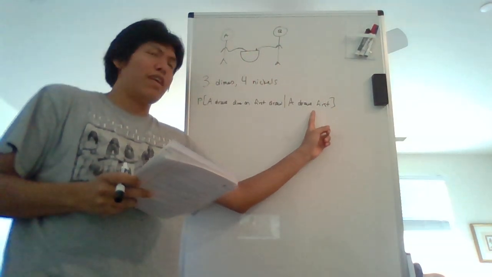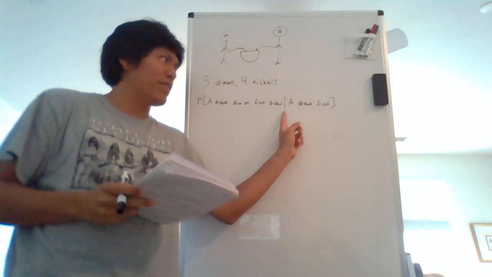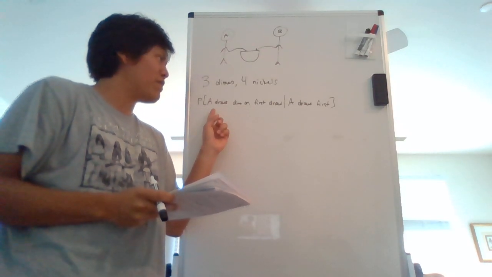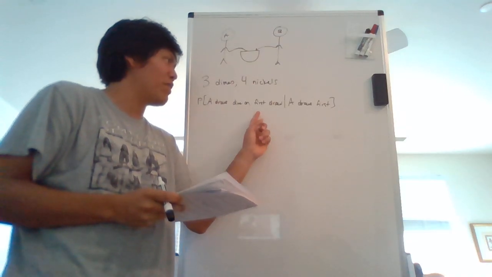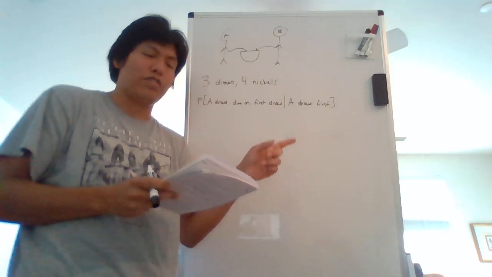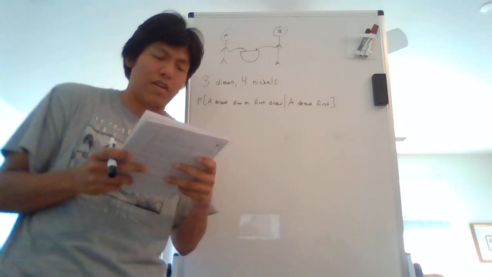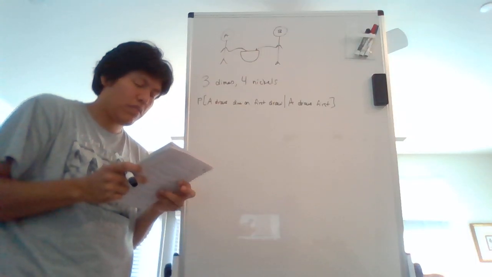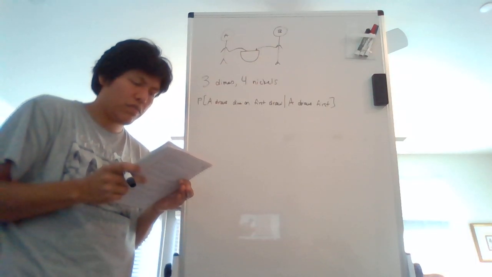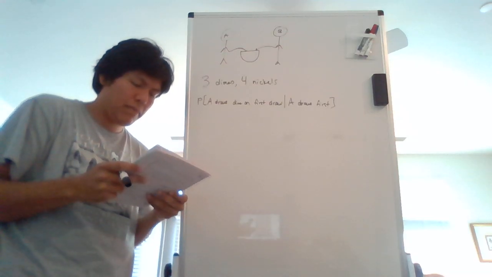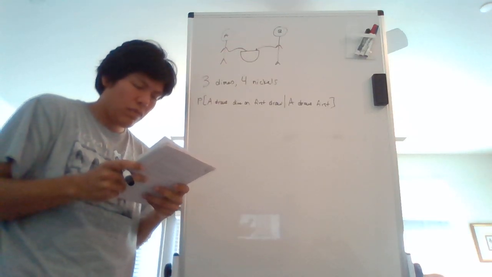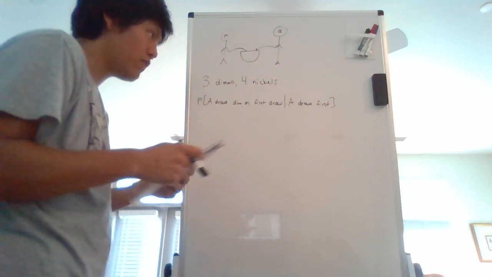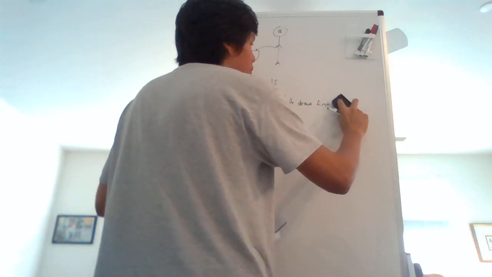So we're given the fact that A draws first. That's why that's on this side of the straight line. And we need to find the probability that A draws the dime on the first draw, given A draws first. All right? Now, A draws first dime. Sorry.